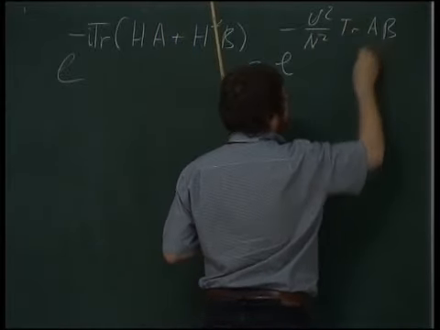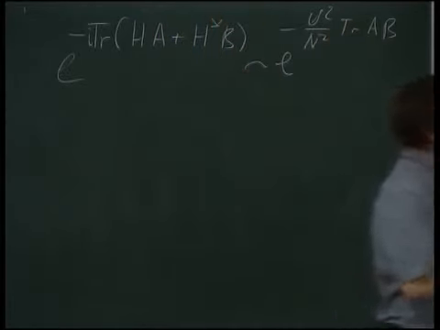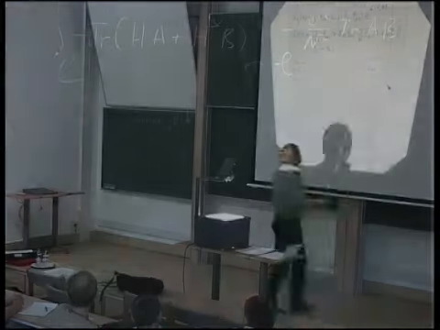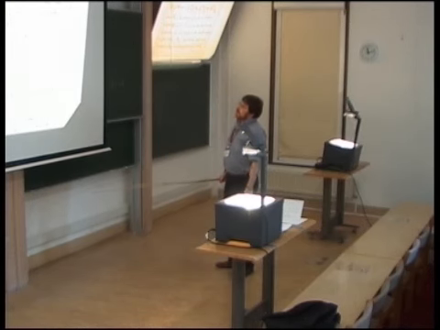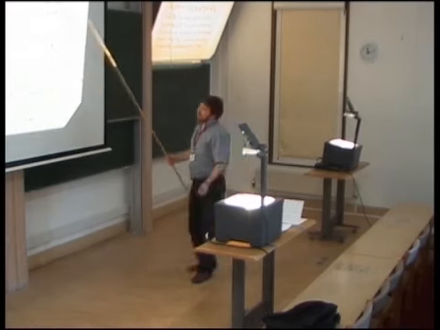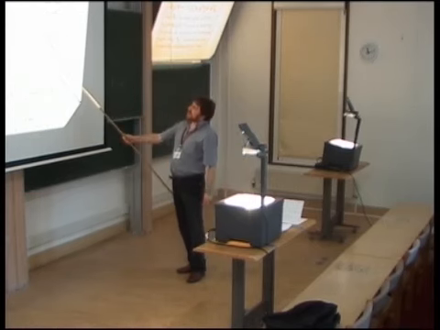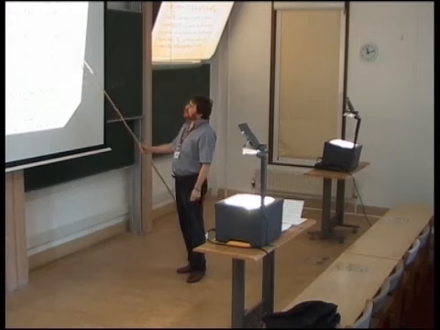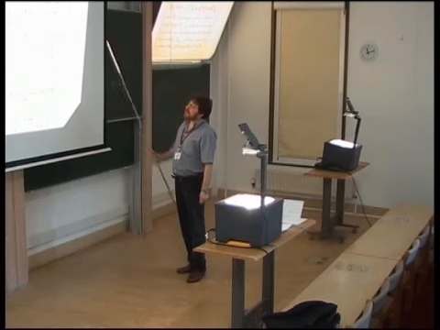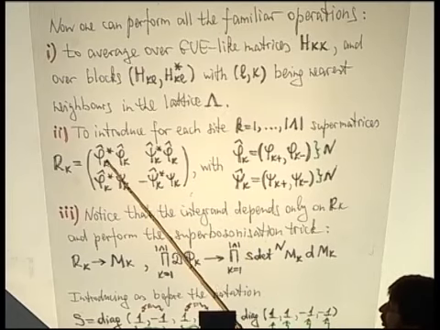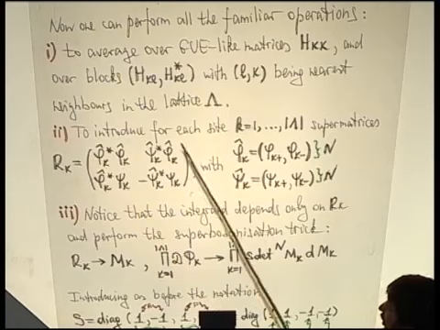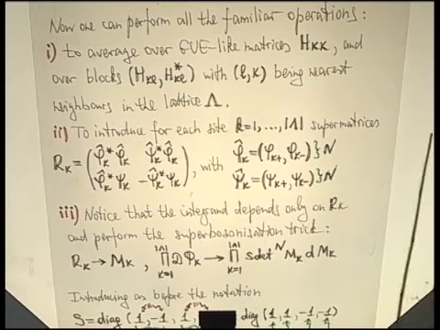So we just use this to average over off diagonal blocks, and then at every site of our lattice we introduce our familiar object, supermatrices, which are made of phis and psis precisely in the same way, literally in the same way.